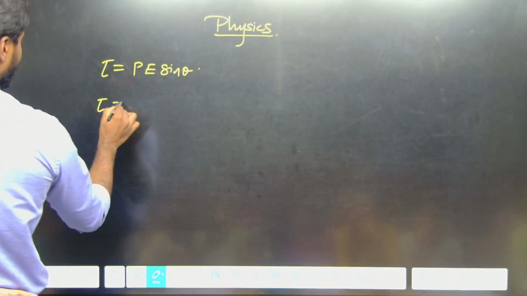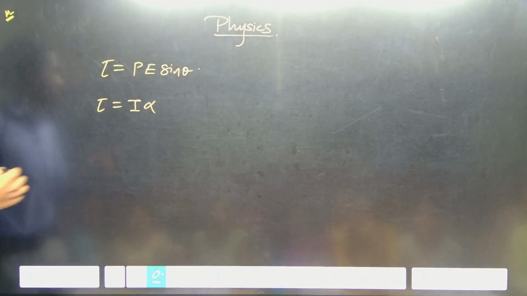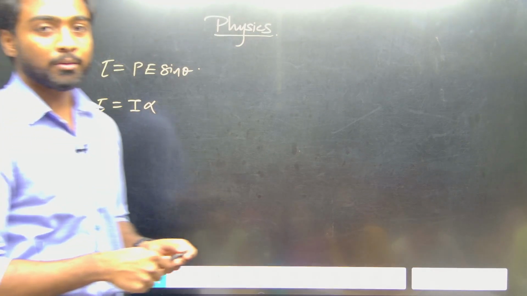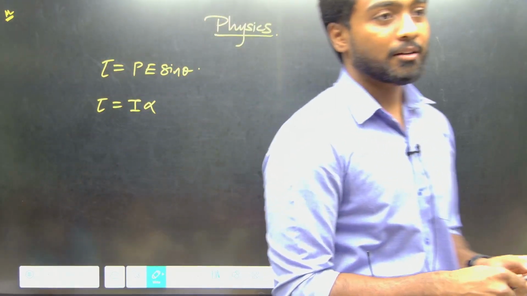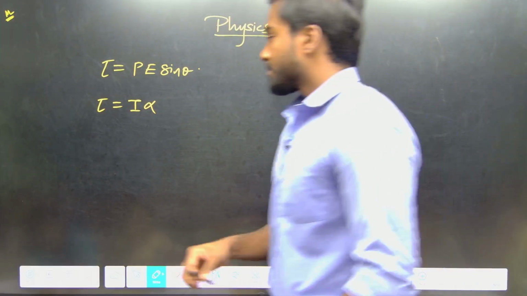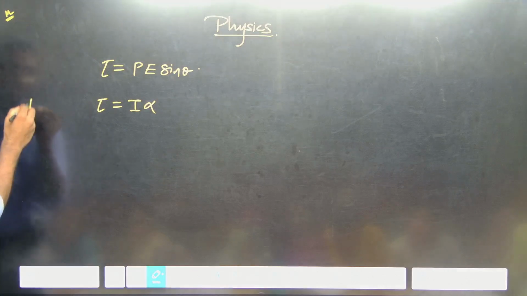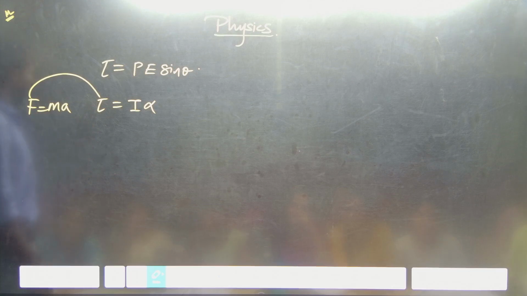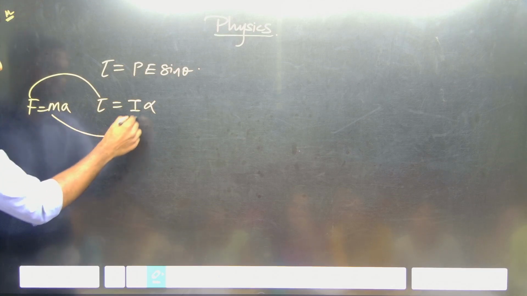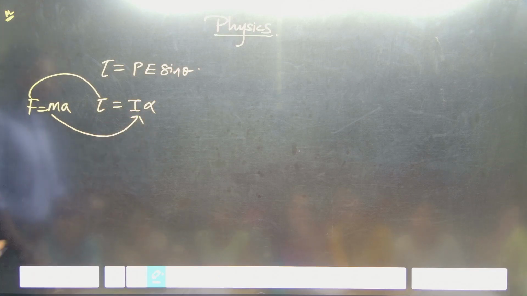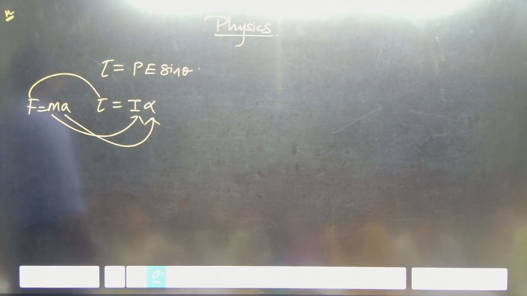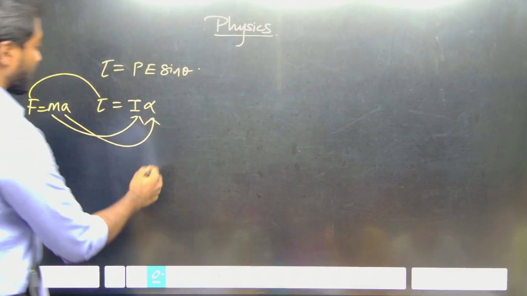Remember this formula? What is force in terms of rotation? Torque. What is mass in terms of rotation? Moment of inertia. What is acceleration in terms of rotation? Angular acceleration. So tau is equal to I alpha.